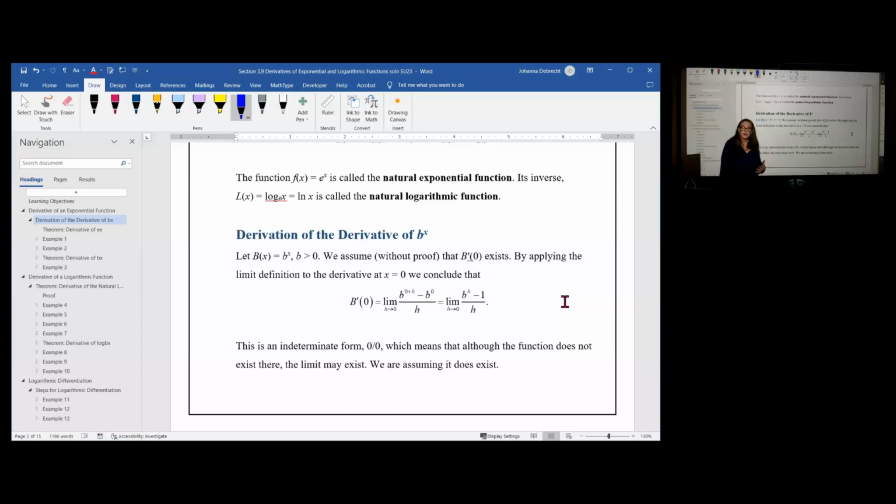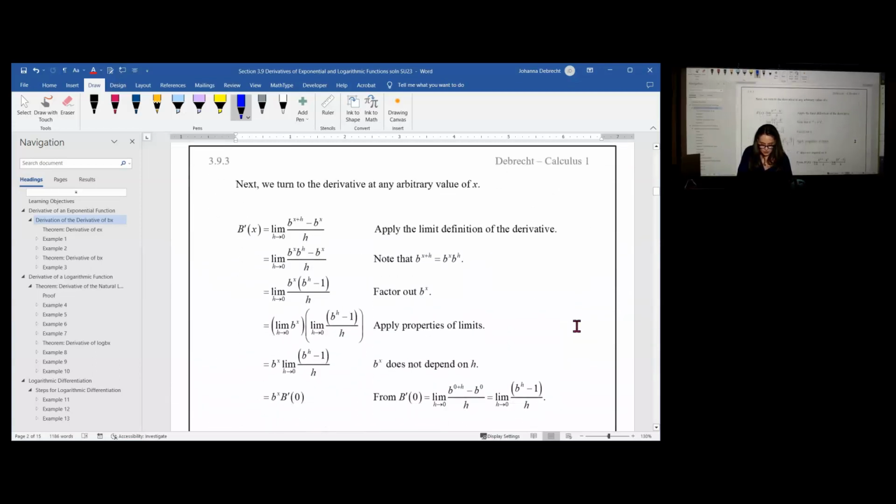And since we know we want the derivative at 0, we can substitute 0 in place of x. This gives us b to the 0 plus h minus b to the 0, all divided by h. As you know, a constant raised to the 0th power other than 0 is going to give you the number 1. And this results in b to the h minus 1, divided by h. We know that this is a representation of the derivative at 0, which we are assuming exists.